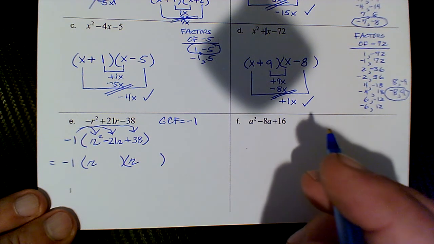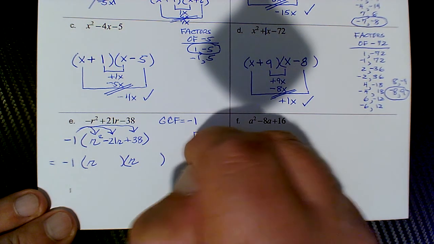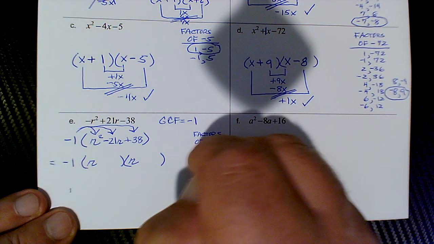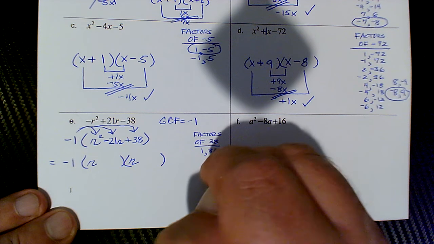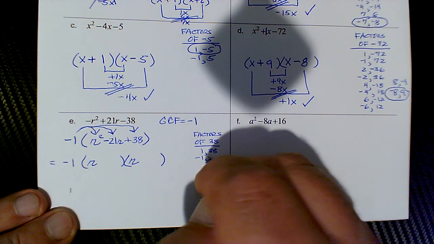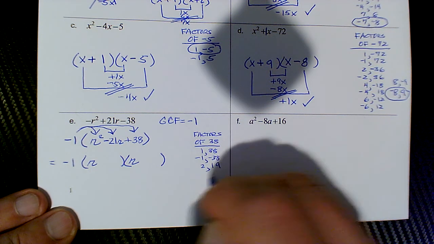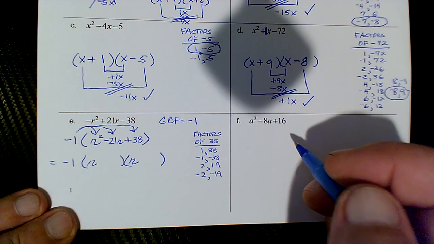If you want the factor method, factors of 38, 1 and 38, negative 1, negative 38, 2 and 19, negative 2, negative 19, and looks like that's it.